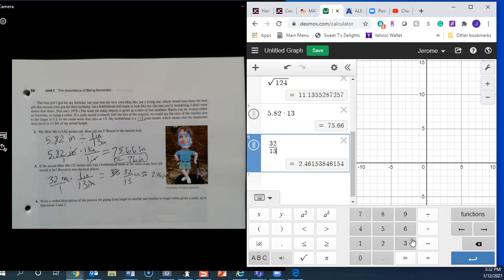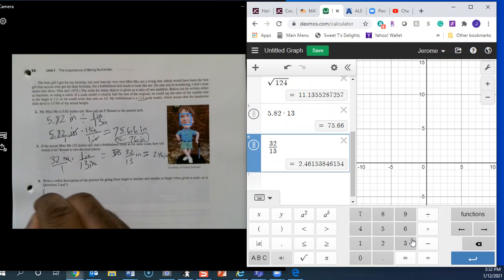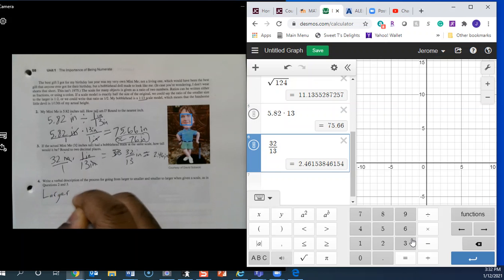Now it says, write a verbal description of the process from going from larger to smaller and smaller to larger when given a scale as in questions 2 and 3. So we want to go larger to smaller, and then smaller to larger.